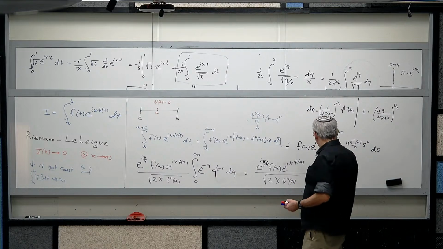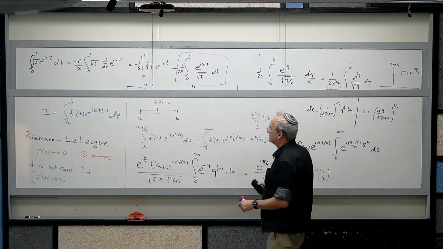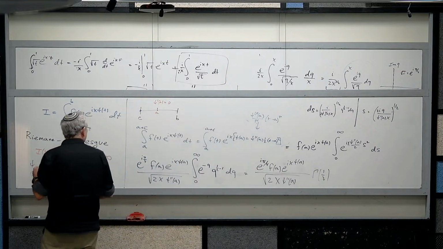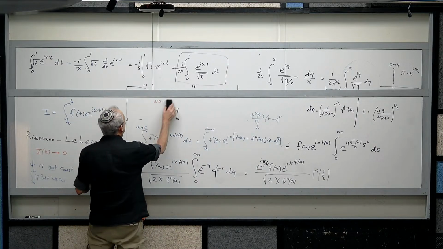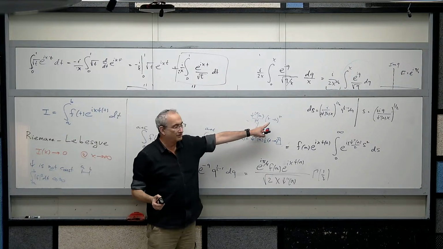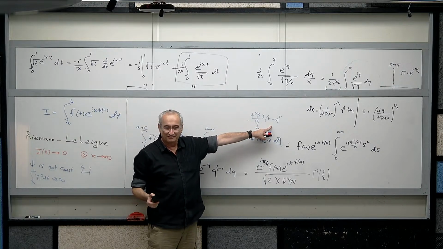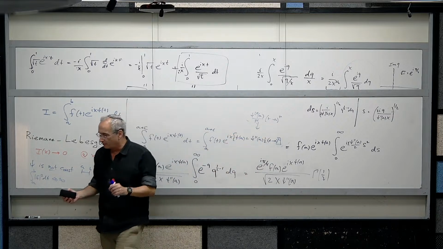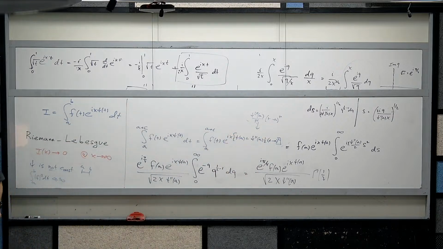Now I have to check myself, because in the book, as I told you, they gave the general formula. So let me just copy the general formula from the book. Instead of 2 it will be p.